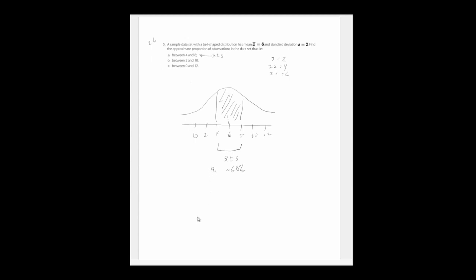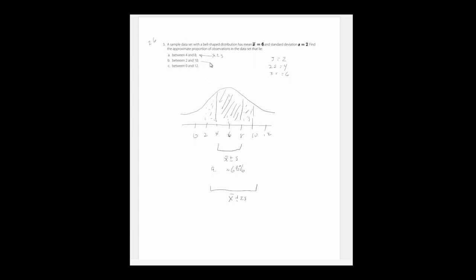So B, we're looking at the broader range here, from 2 out to 10. So when we get to that point, we're adding this additional amount to what we're looking at in our data. That's plus or minus 2s, and 2s is going to be plus or minus 4. 6 plus 4 is 10, minus 4 is 2.